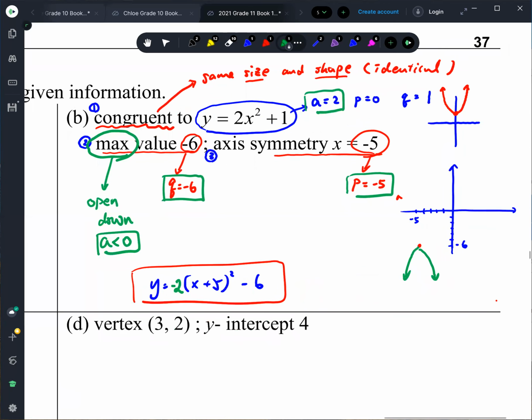Okay, so just very little details. Why is it -5? Yeah, so P is -5. So minus -5 becomes x plus 5.